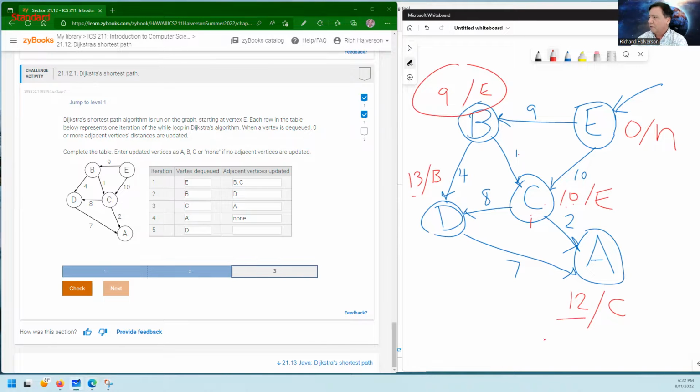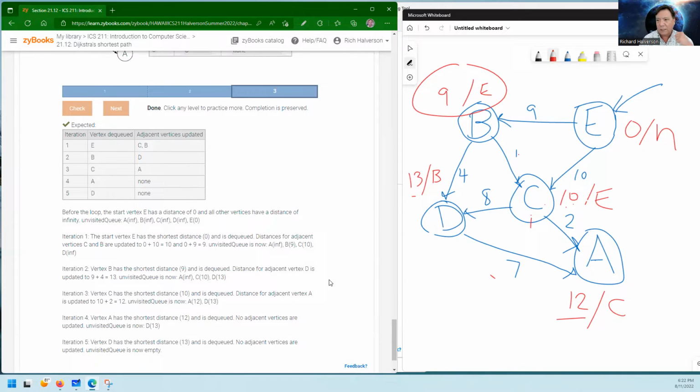It takes 12 to get from E to C to A. If it went through D, it would be 13 plus 7, which is 20. That's way too big. So again, we have none. Oops, lowercase, just in case it's picky. And let's see if this works. Yes.